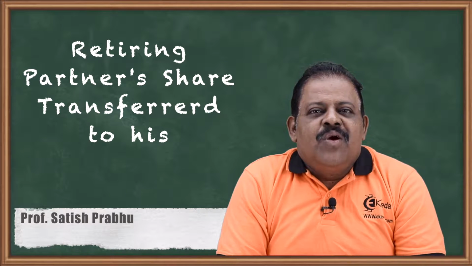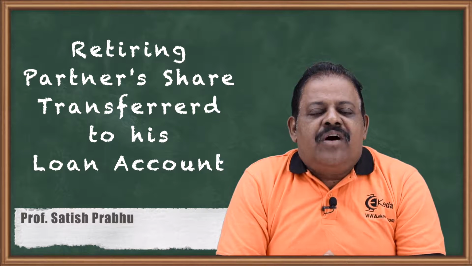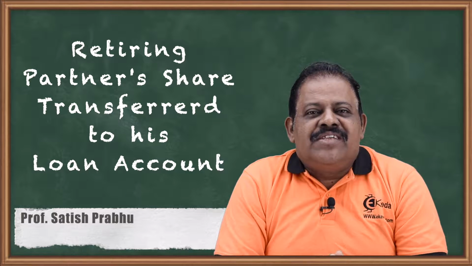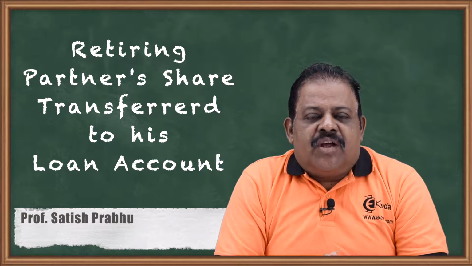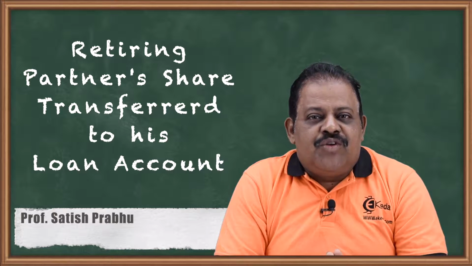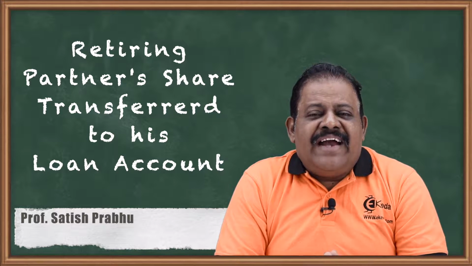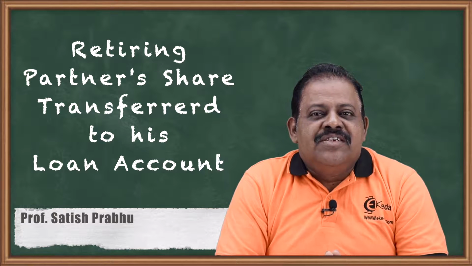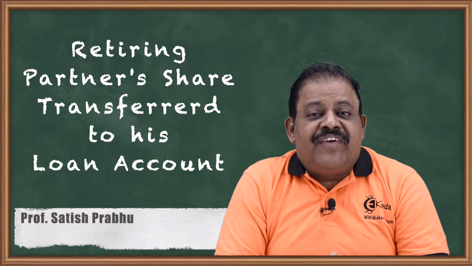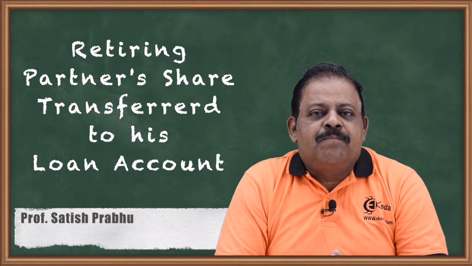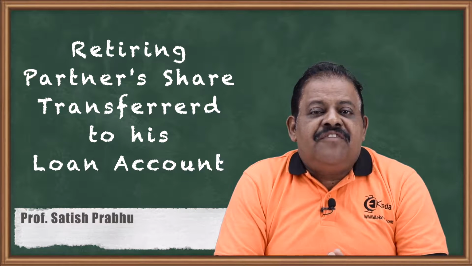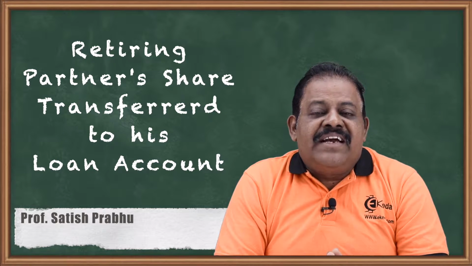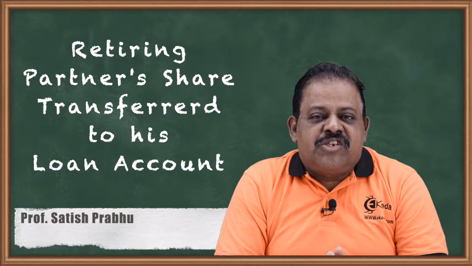Hello friends, when a partner retires, the firm is required to pay him a certain amount, which includes his share of capital, share of accumulated profits, revaluation profits, also adjusting accumulated losses, revaluation losses, share of goodwill, share of profit till the date of retirement, etc. If the firm cannot pay this amount immediately, for the time being the firm treats that amount as a loan from such partner.